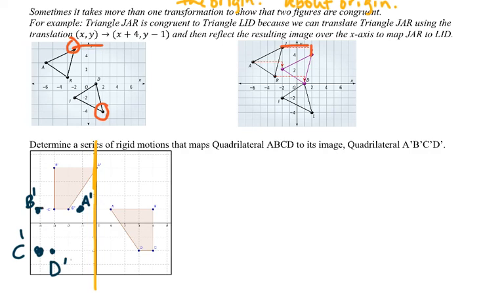Now, that's obviously not the only thing that I have done, but if I take each one of those and I move them right 1 and up 3, right 1 and up 3, I do get my final image. So that's exactly what I'm going to say happened. So the first thing that happened is that it was a reflection over the y-axis.